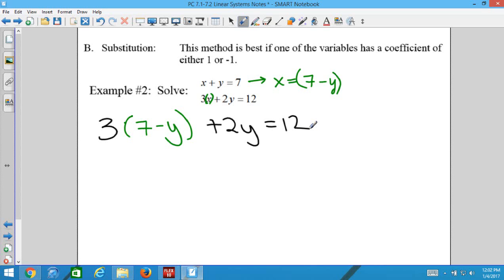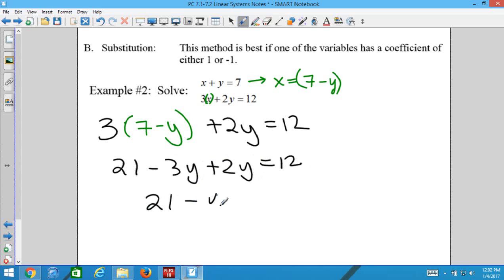Distribute. Like terms. And then you're going to solve for y.